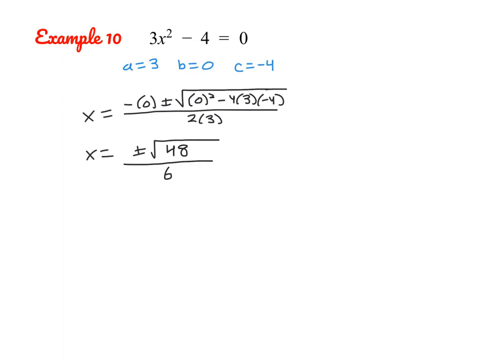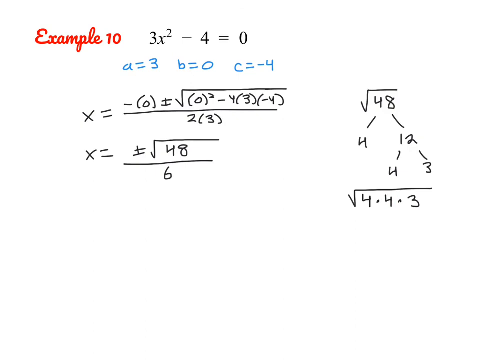And let's see if we can simplify square root of 48. So we know that 48 is 4 times 12, and we know that 12 is 4 times 3. So 4 times 4 times 3. So we can actually simplify both of these out. So square root of 4 is 2.